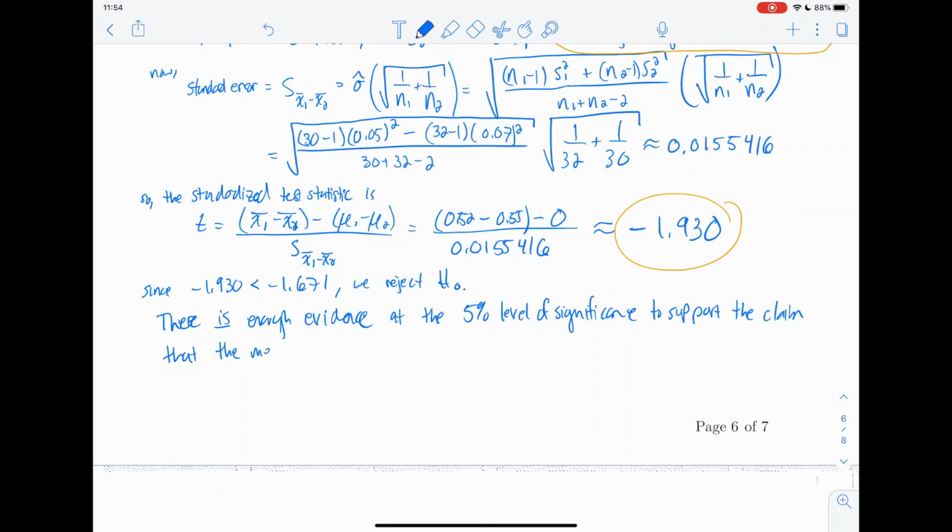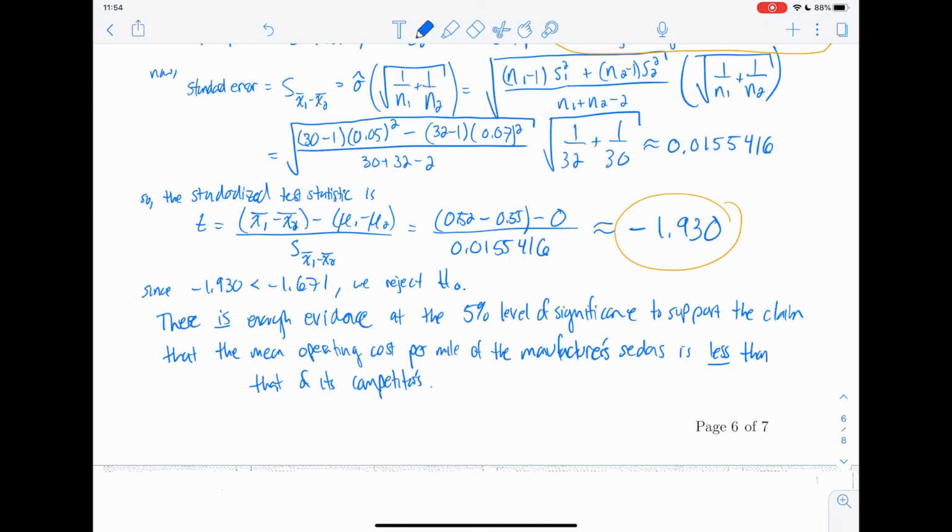That the mean operating cost per mile of the manufacturer's sedans is less than that of its competitor's sedans. So here we have an example where we have actually yielded enough evidence to support a given claim.